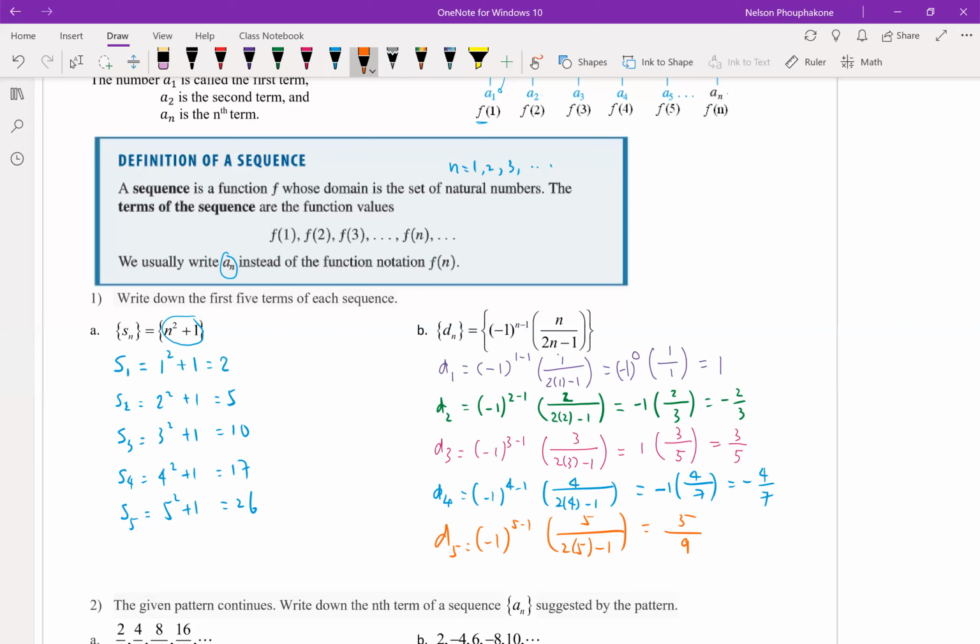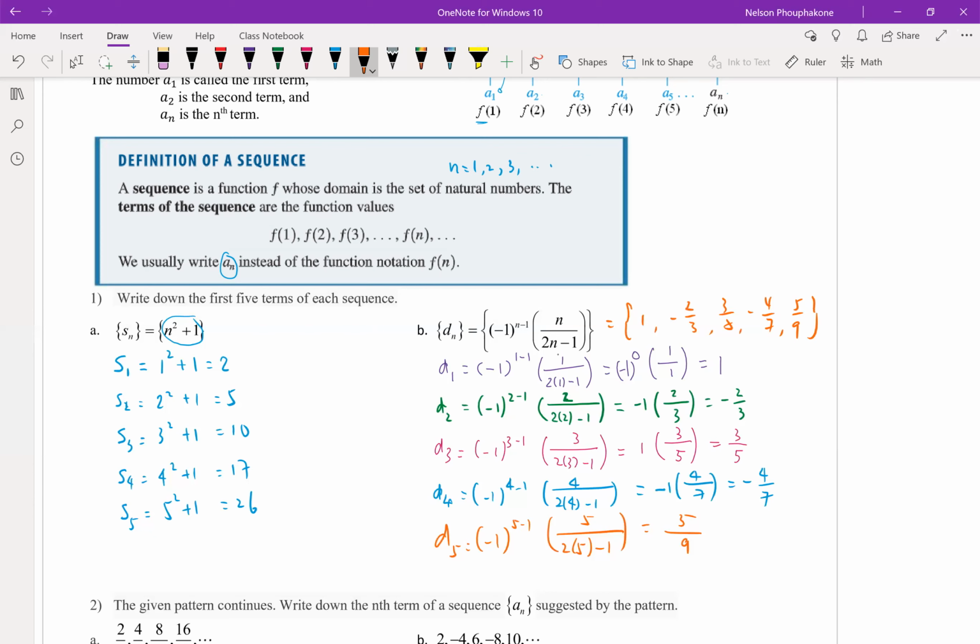Okay, so then now you will see the sequence, the list. Maybe I could write it like this: 1, -2/3, 3 over 5, -4 over 7, and 5 over 9.